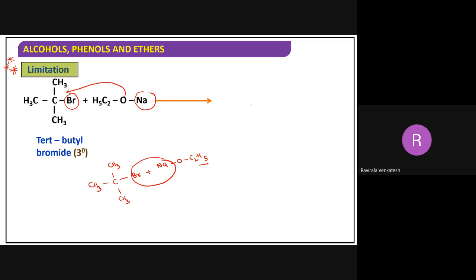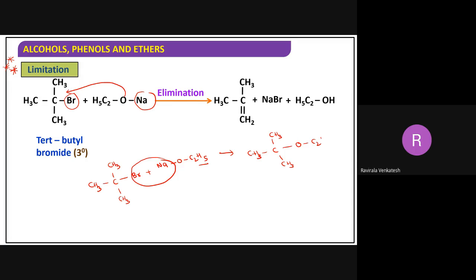Now you get this product, (CH3)3C-OC2H5, tertiary butyl ethyl ether. You are expecting this product, correct or not? But this will be the minor product, and this other one will be the major product.